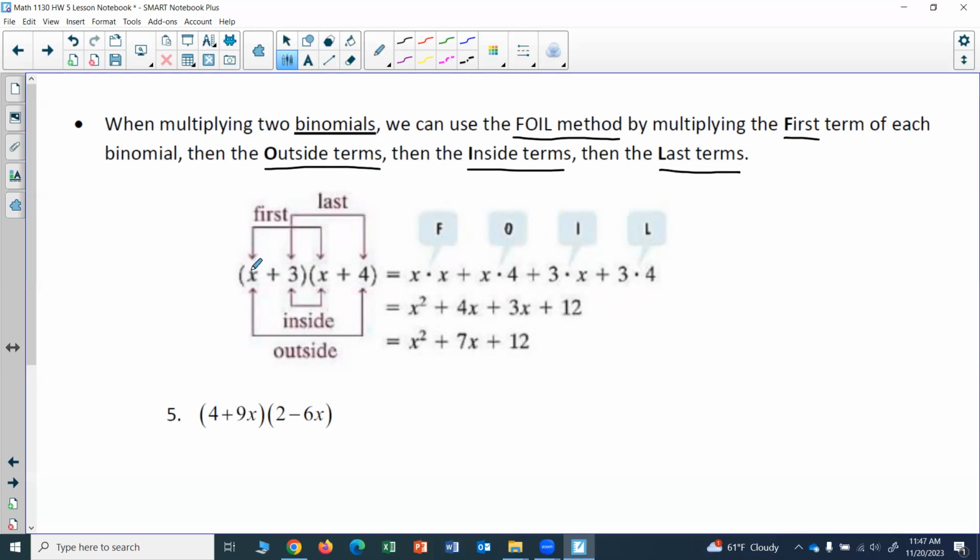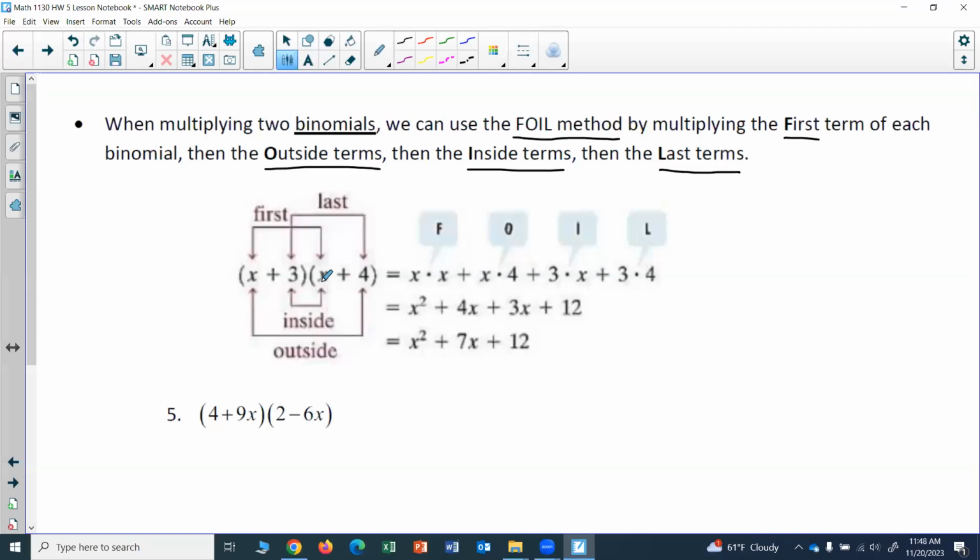Let's look at this example of x plus 3 times x plus 4. So the first terms are x and x. The outside terms are the x and the 4. The inside terms are the 3 and the x, and the last terms are the 3 and the 4.